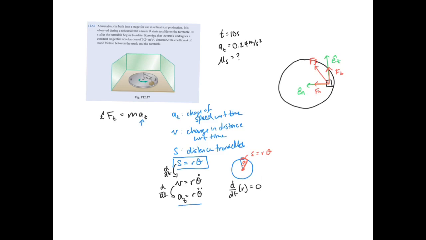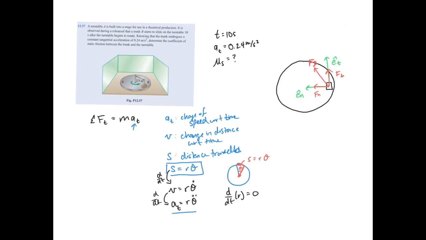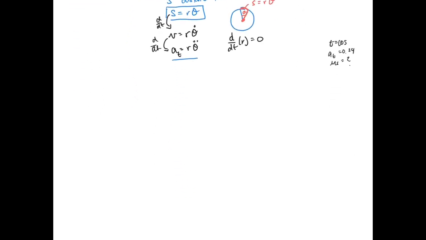So I'm going to move the whole thing up now, so we're not going to see the problem anymore. Let me just rewrite lower. We have t equals 10 seconds, and we have a_T equal to 0.24 and mu s. So I'm going to move everything up here.